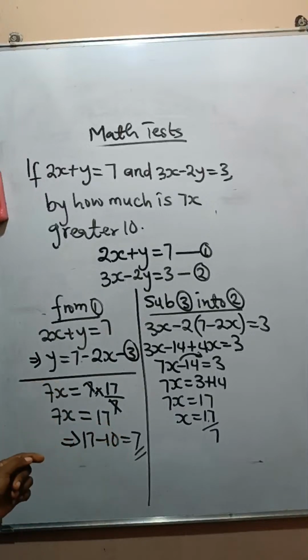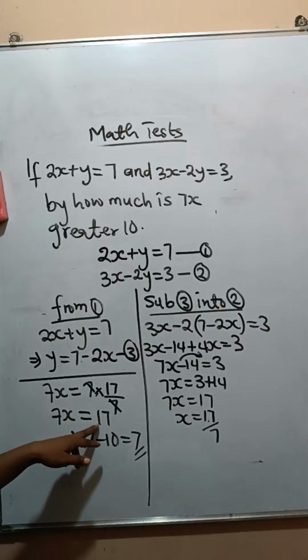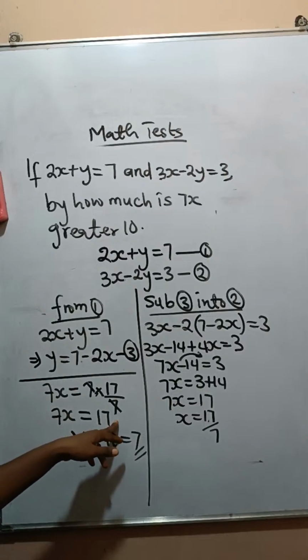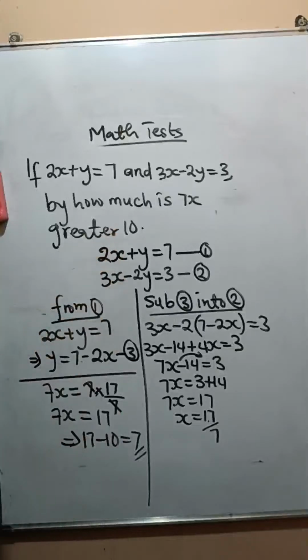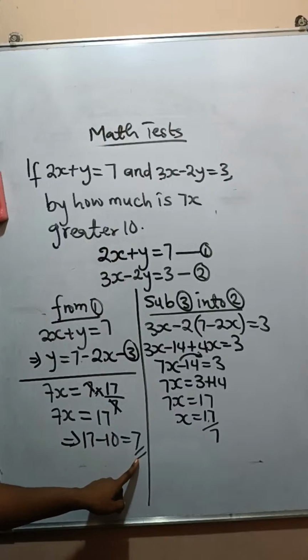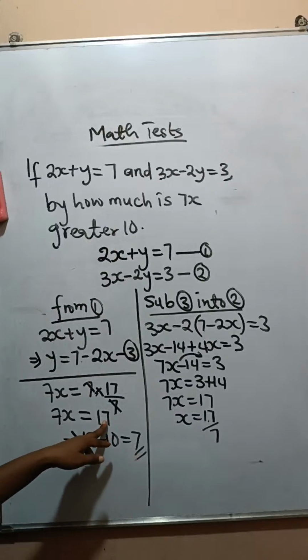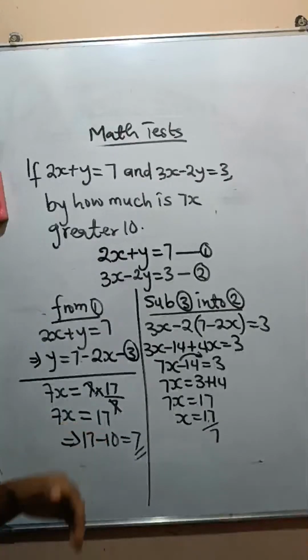Now the question is, by how much is 7x, which is now equal to 17, greater than 10? Which simply means we subtract 10 from 17 to get 7. So 7x, which is 17, is greater than 10 by 7. That is the answer. I don't know if I made sense.